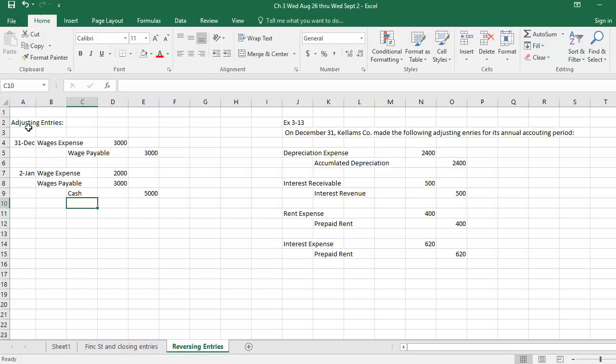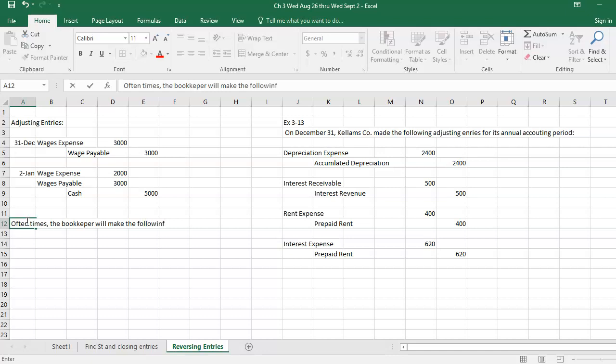The problem is that many times these adjusting entries are done by an accountant, whereas the daily transactions are done by a bookkeeper. And the bookkeeper may not be aware that we did this up here. So, oftentimes, the bookkeeper will make the following incorrect entry.